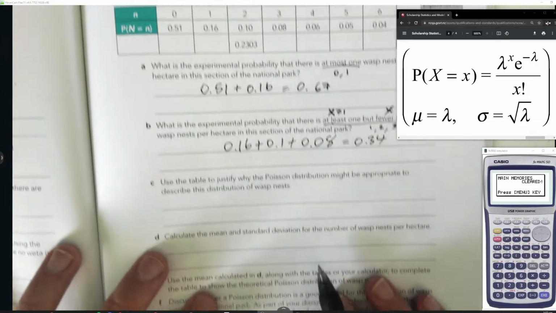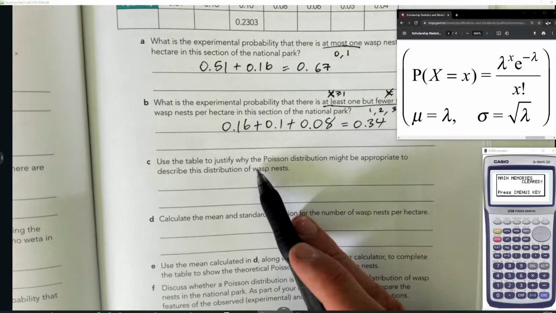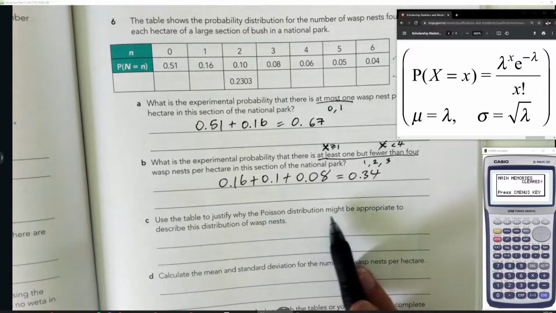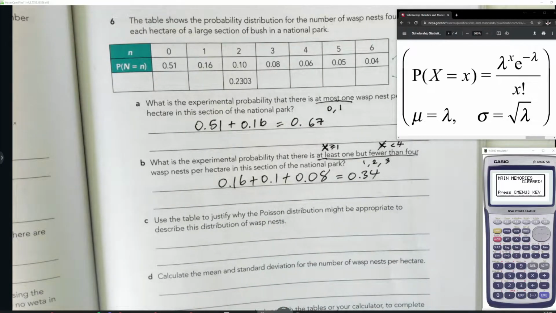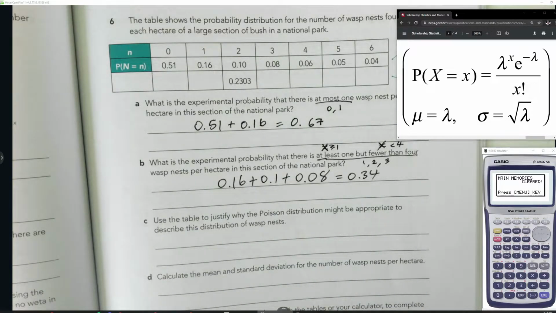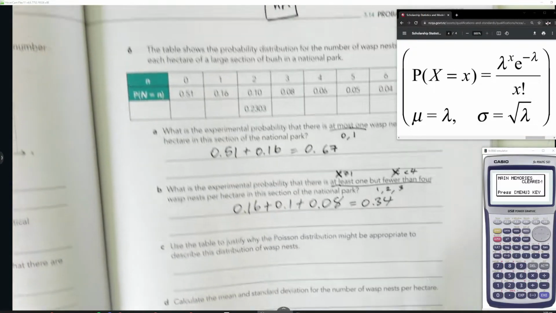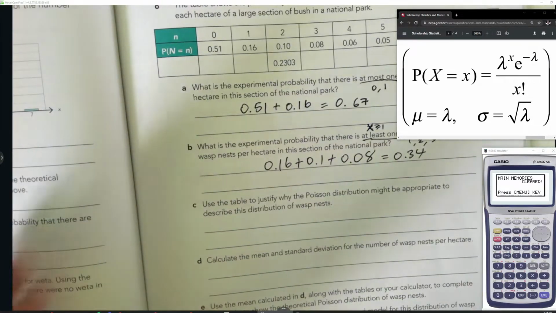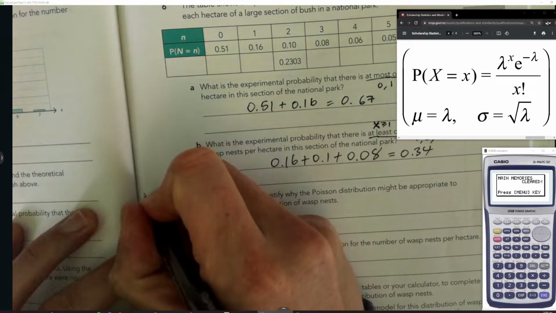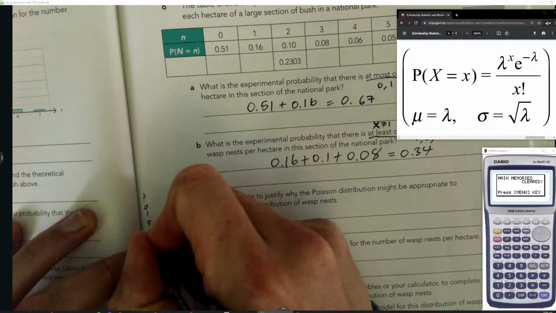Use the table to justify why the Poisson distribution might be appropriate to describe this distribution of wasp nests. Ooh, okay, interesting. So here, we could go to the thing we use Poisson for, remember?